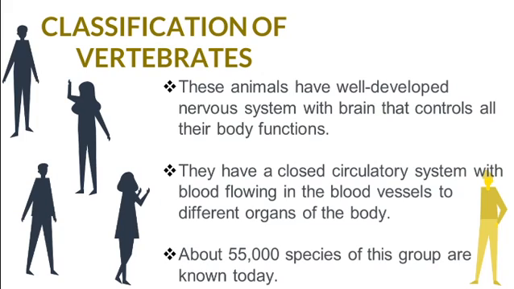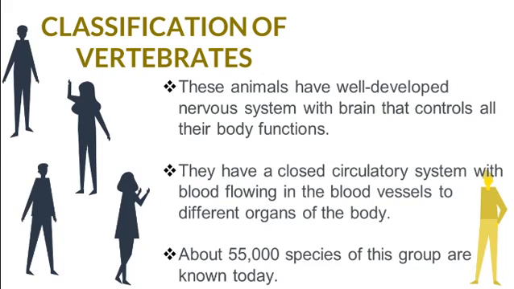They have a closed circulatory system with blood flowing in blood vessels to different organs of the body. The circulatory system is connected to the heart, and two types of vessels are involved here, arteries and veins.